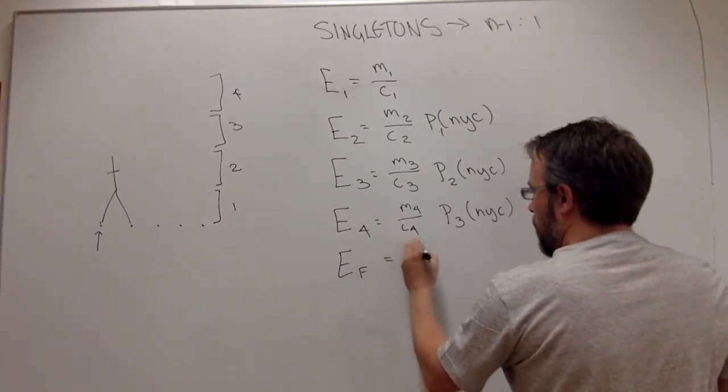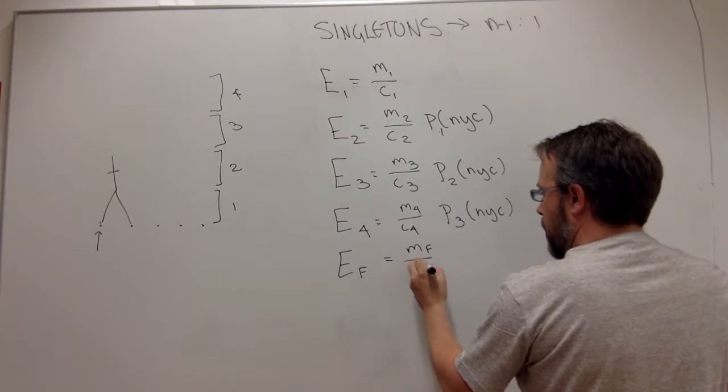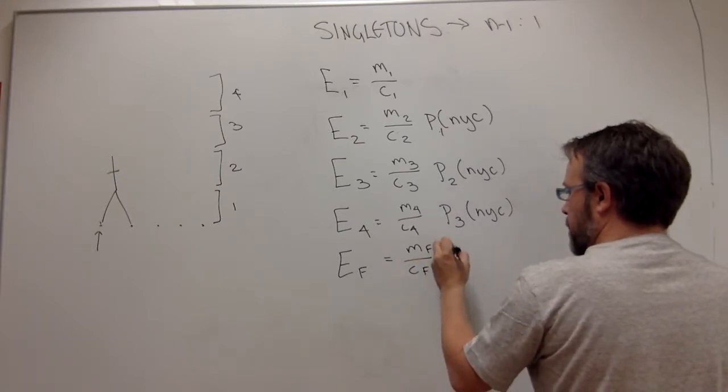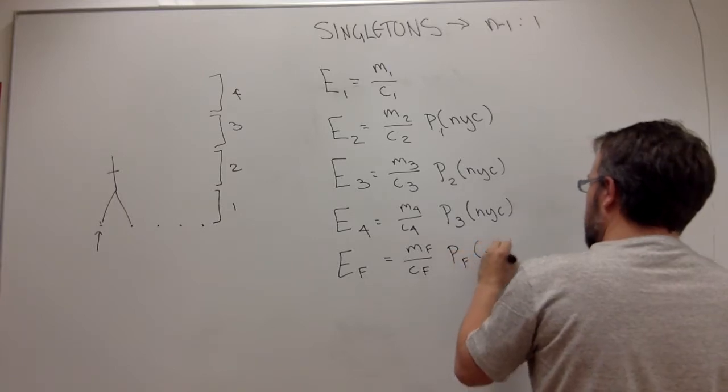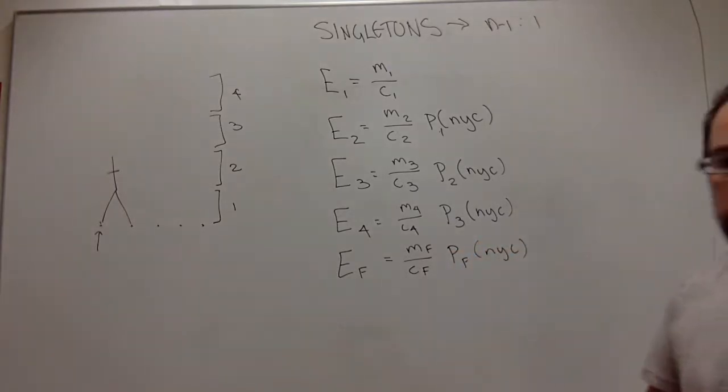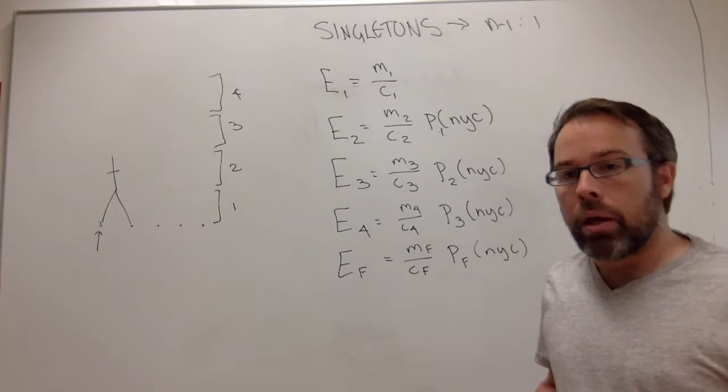That will be our mutation rate of funny divided by our coalescent rate of funny times our probability of funny that it's not yet coalesced. We'll get to this when we get to it. Let's just take this one at a time.